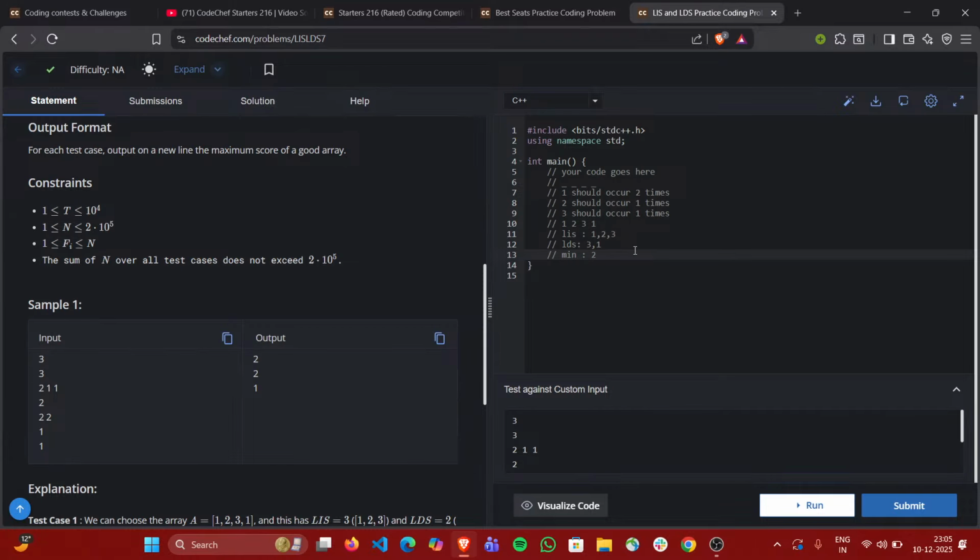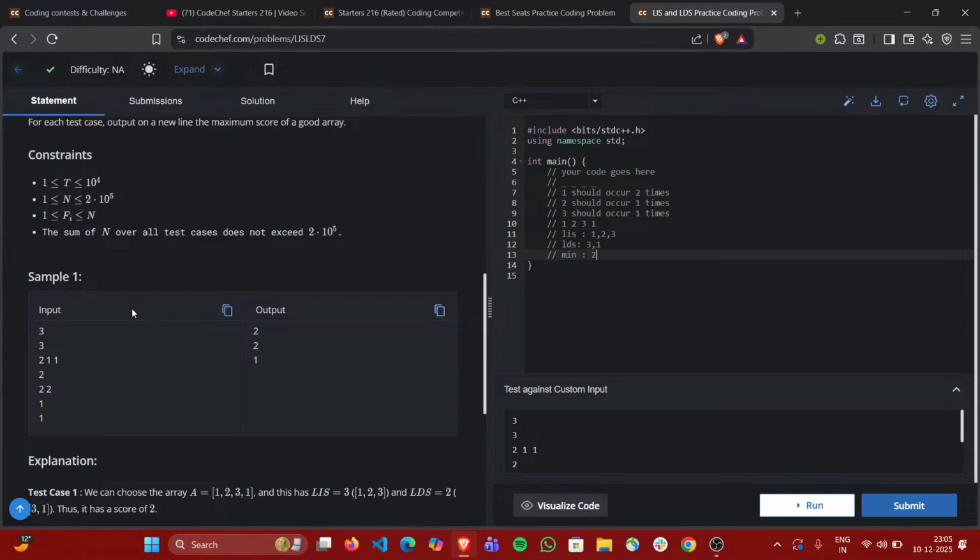I hope you have understood what LIS and LDS are and what the score is defined as in this question. The score is the minimum of the length of LIS and LDS, right?